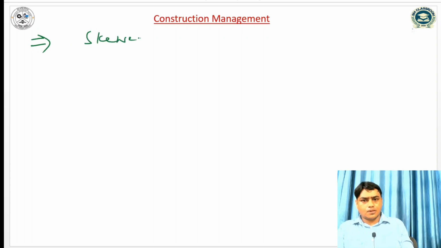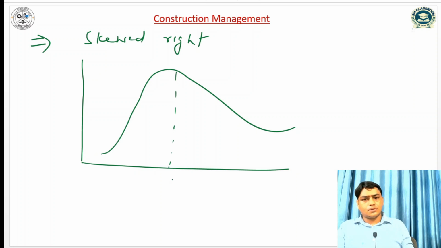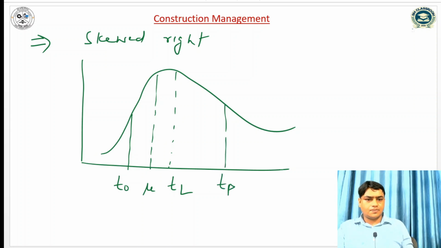Similarly, skewed right. So in skewed right, this is the curve, this is most likely time, and this is the mean, and this is optimistic time, and this is pessimistic time. Similarly, this is completion time and number of activities.